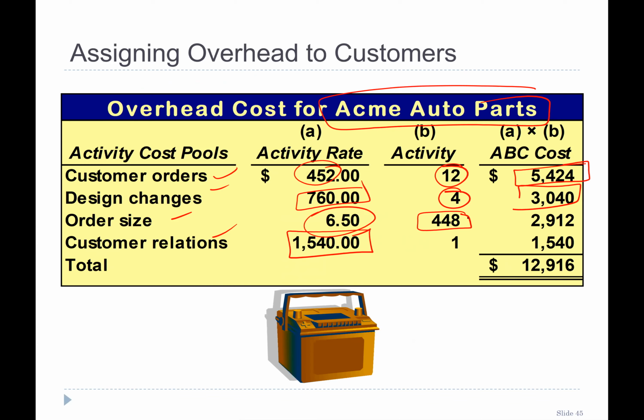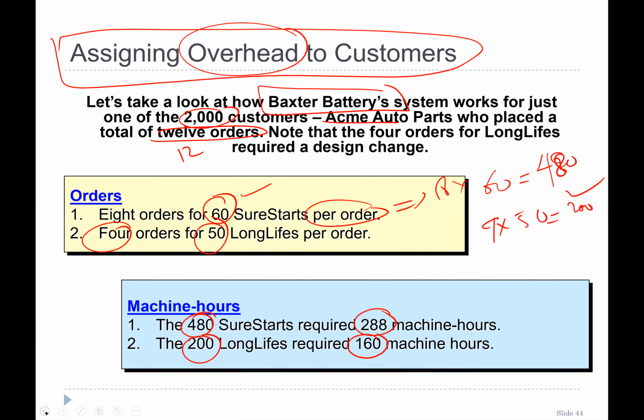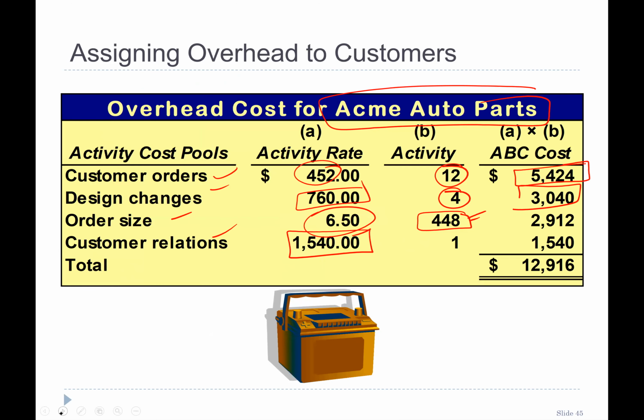So where does this 448 come from? It is based on machine hours. So 288 plus 160. How much is the answer? 448, right? Many students are confused about where this 448 came from, because this is based on machine hours.